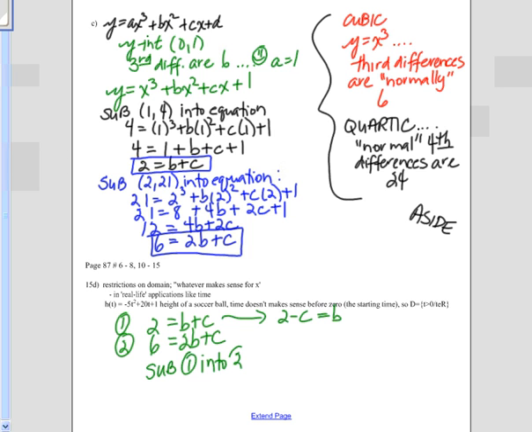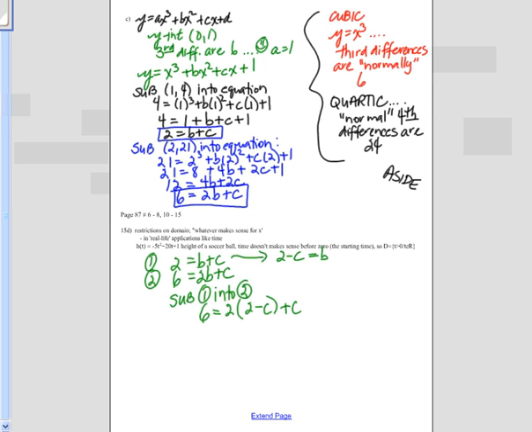into my other equation, and wherever I see a b, I'm going to write 2 minus c instead. Let's tidy that up for c. Little arrows help every time. 6 equals 4 minus c. Subtract 4 from both sides. c is equal to negative 2.